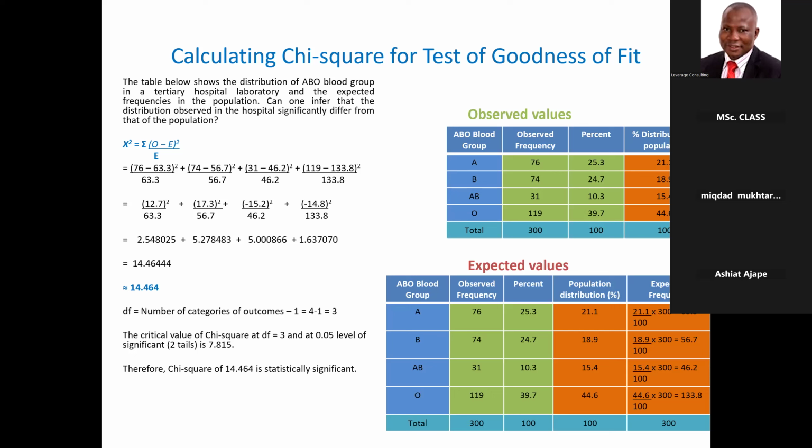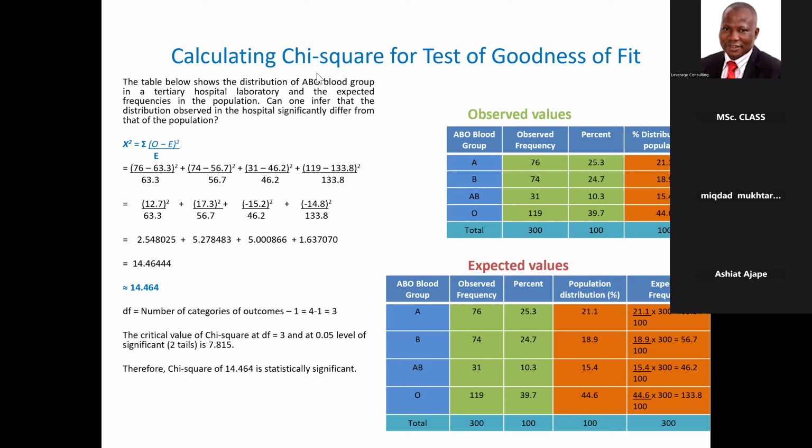It's very simple. It's the same way you calculate chi-square. All you need to know is how to calculate your observed value and the expected value. Look at the table: A, B, AB, O. Can you see the frequencies you have gotten? 76, 74, 31, 119.